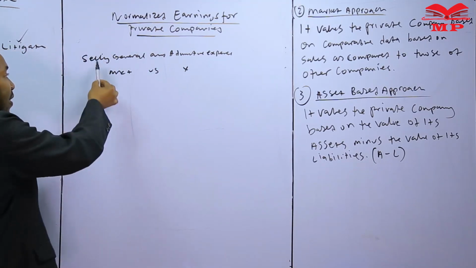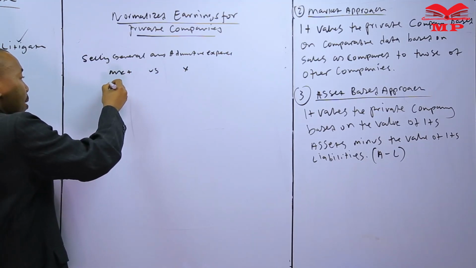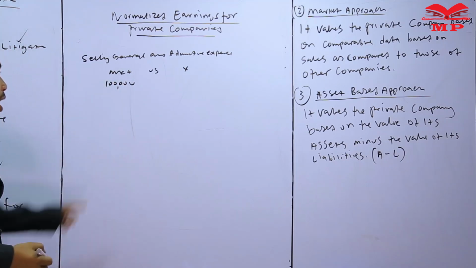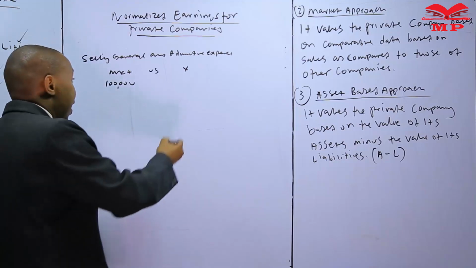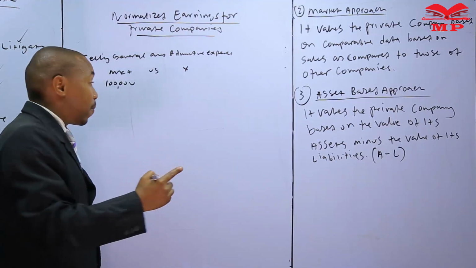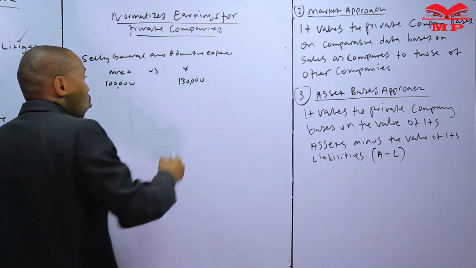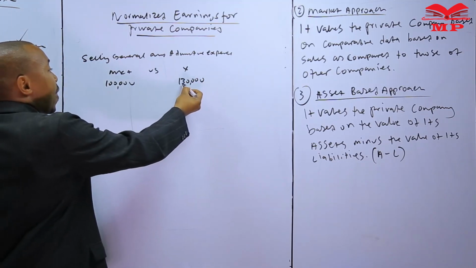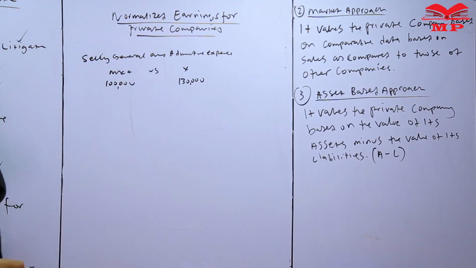If the selling, general, administrative expenses for the market is 100,000, and the SG&A for company X that you're trying to determine the value of is 130,000, as an analyst you need to make sure that these are normalized to be similar to that of the market.